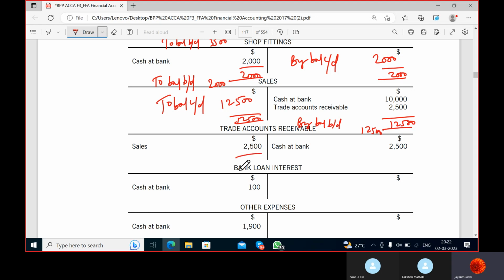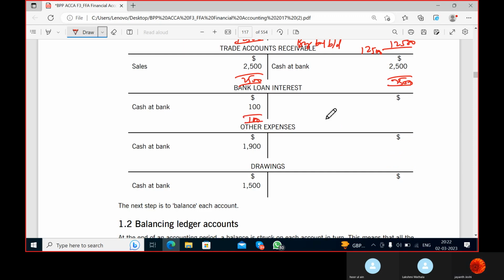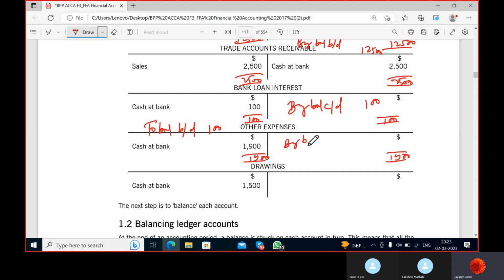Here no balance is left over, so we have tallied. Brought down 1,900 here by balance carried down because the difference is here, and again to balance brought down 1,900 here.